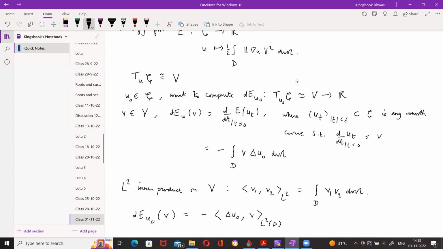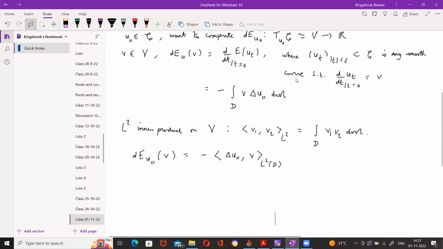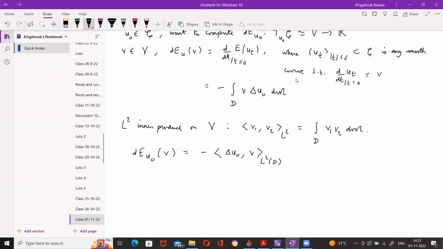Now recall the definition of the gradient on a Riemannian manifold. The gradient of a function, say g, is defined by the equality that dg acting at a point p on v is the inner product of a vector grad g at p with v.